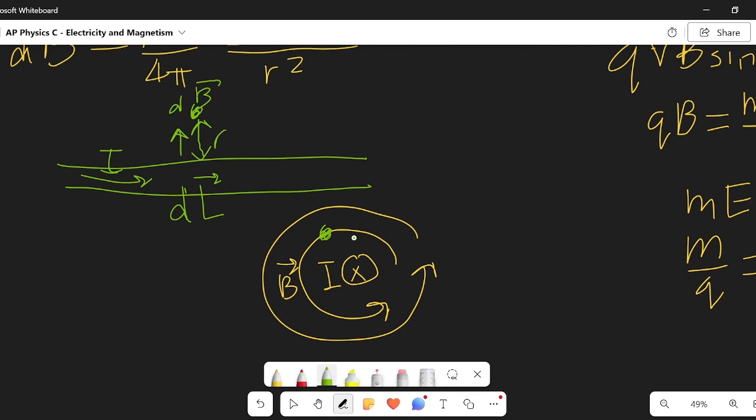Let's try to find the magnitude. Direction will be pretty obvious depending on where we are in the circle. Actually, the direction is always to the left if we put these in a straight line, which is where the magnetic field is going to force you.